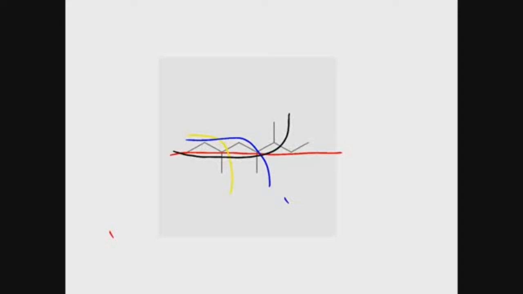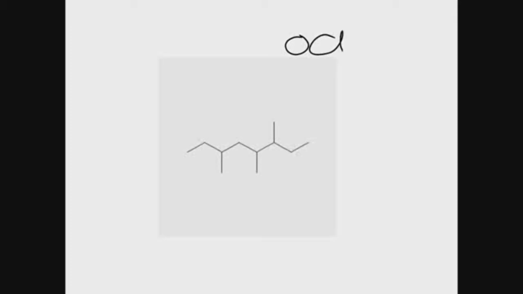All right, so count 1, 2, 3, 4, 5, 6, 7, 8. This one seems to be 8. 1, 2, 3, 4, 5, 6, 7. Of course, no need. 8 is the longest chain here, so it should have the suffix octane, but it can't be just octane.